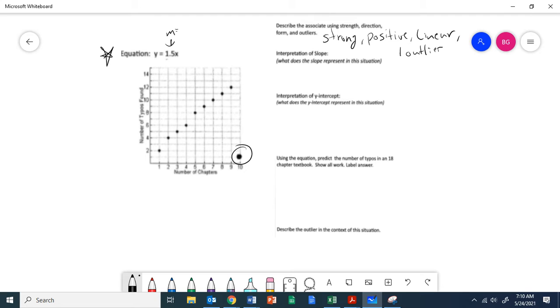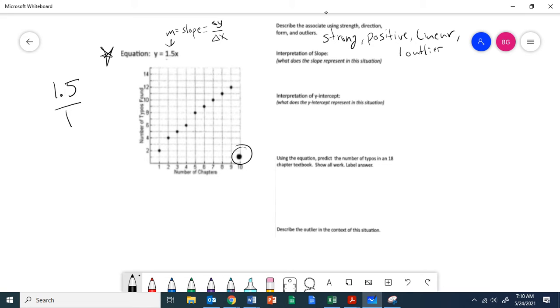Now, remember slope is change in y over change in x, which means we're looking at how the y variable changes over how the x variable changes. So for this, I'm going to write it off here on the side, 1.5 over 1.